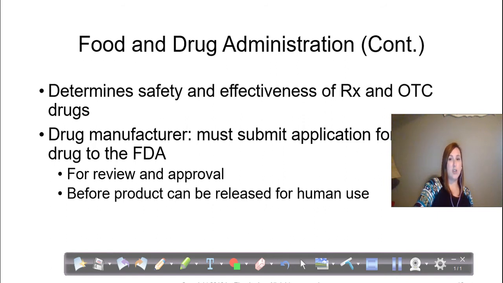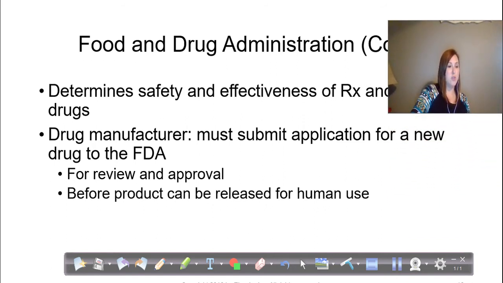The drug manufacturer must submit an application for a new drug to the FDA, and a patent takes about 8 years, and it's good for 20. So they submit an application for review and approval to get the patent, and that has to be completed before the drug can be released for any kind of patient use.